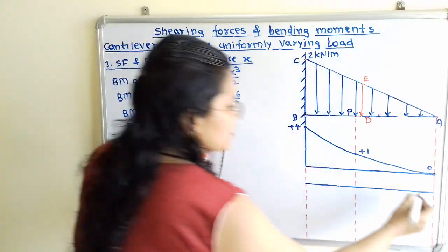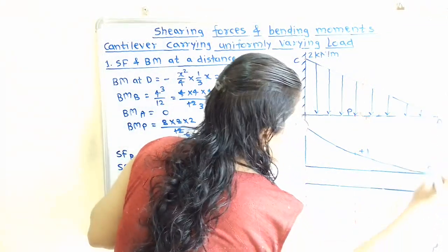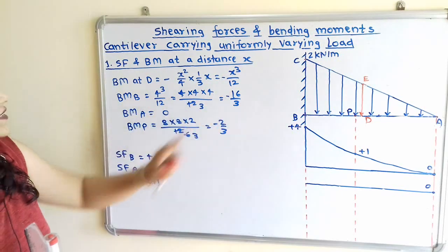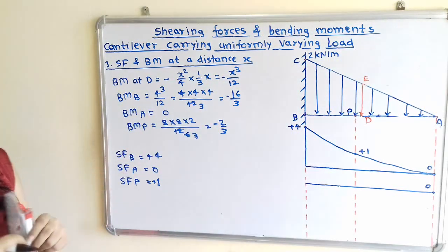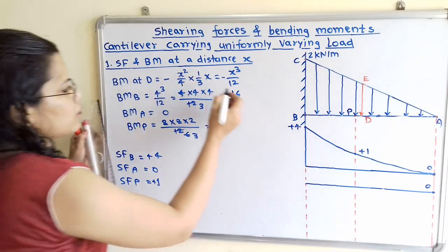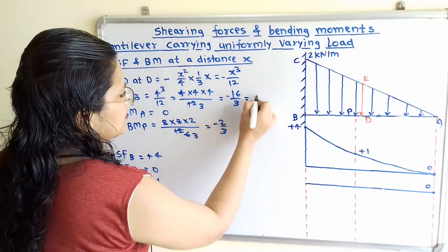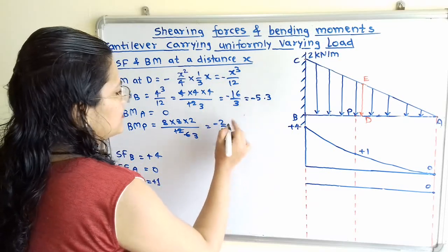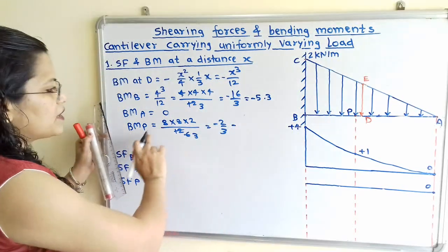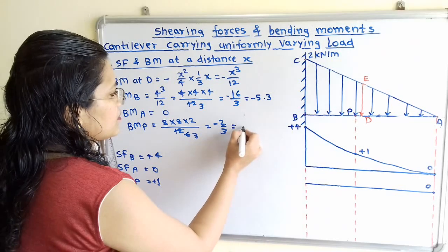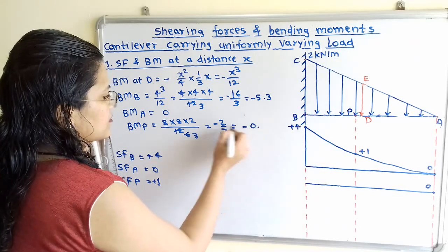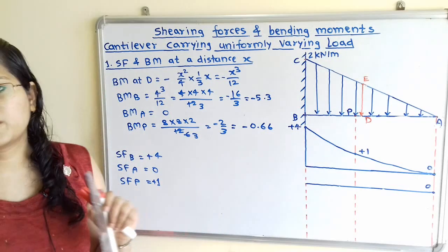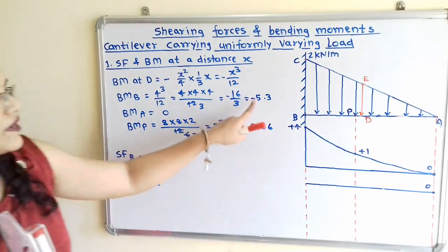So I will mention here 0 on the baseline at point A. Then at point B, it is minus 16 by 3. To plot the actual value, we will simplify this. It is minus 5.3, and for the bending moment at point P, we simplify this: minus 0.66.